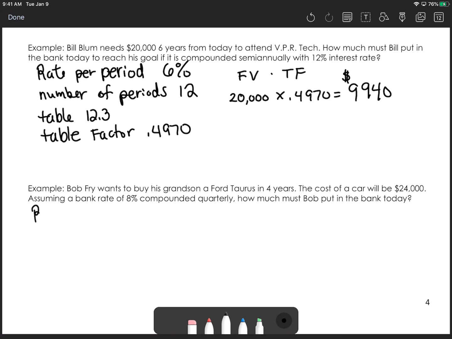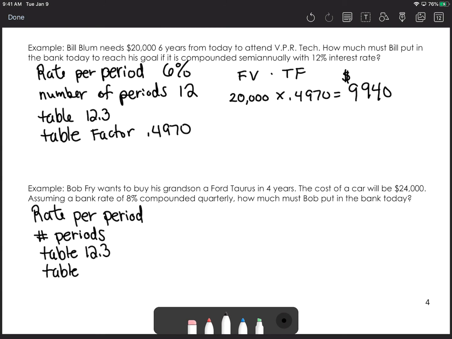So we're going to find the rate per period. We're going to find the number of periods. Since this is a present value problem, we're going to use table 12.3. And we've got to look up the table factor.